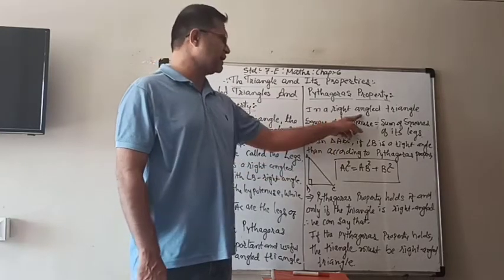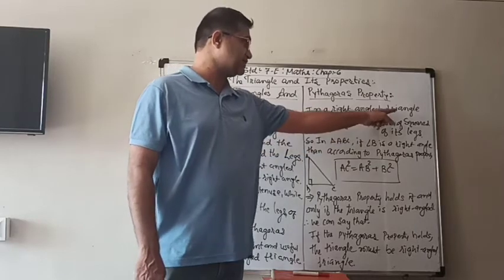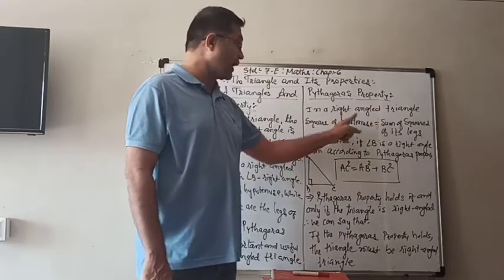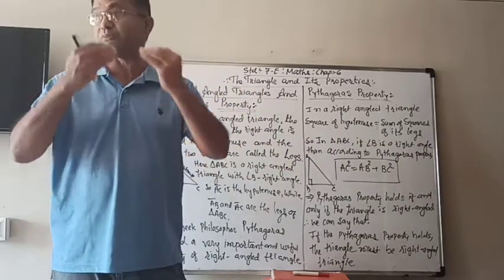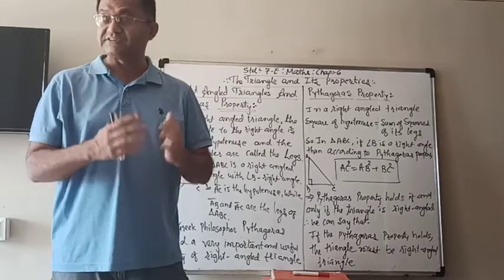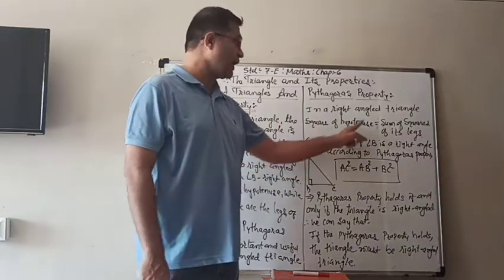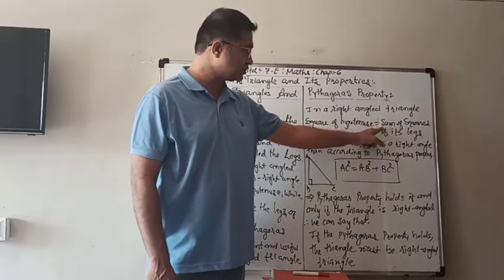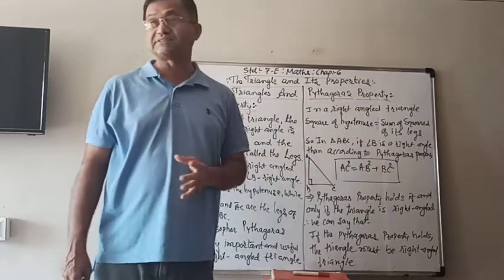In a right angled triangle, the square of the hypotenuse, means whatever is the length of the hypotenuse, we have to make the square of it. Means if it is 5, 5 square is 25, if 7, then 7 square is 49. So square of hypotenuse is equal to the sum of the squares of its legs.